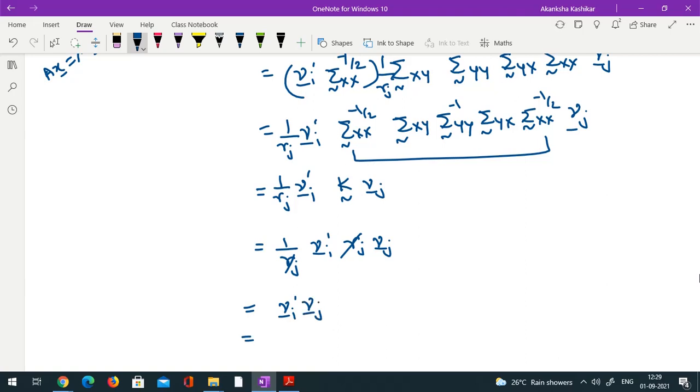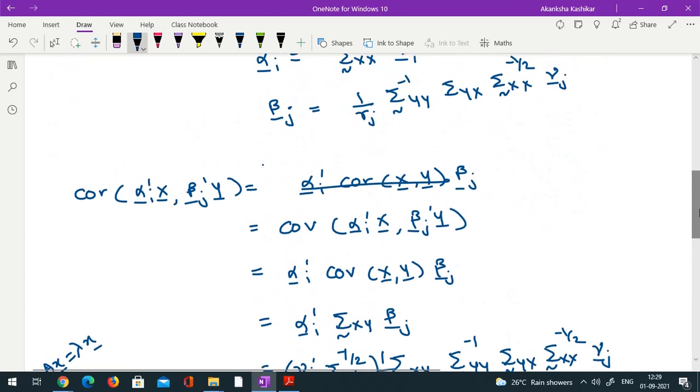So these are two distinct eigenvalues. These are two distinct eigenvectors corresponding to distinct eigenvalues. And because we take them to be orthonormal, this is 0. So what did we prove? We proved that correlation between alpha I prime x and beta j prime y when I is not equal to j is 0.